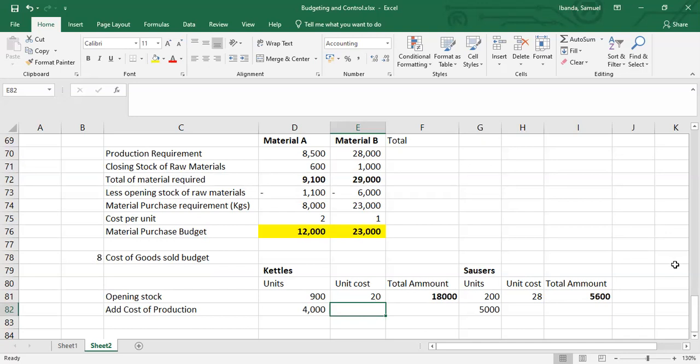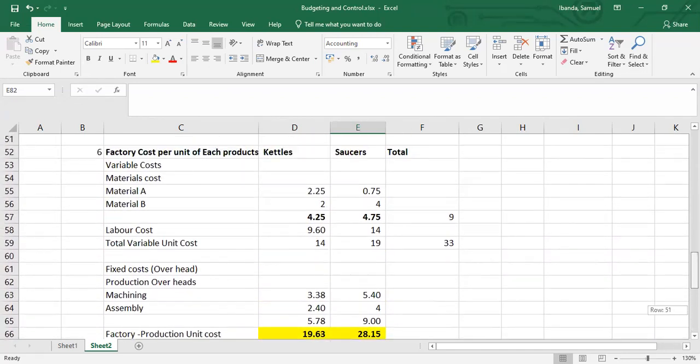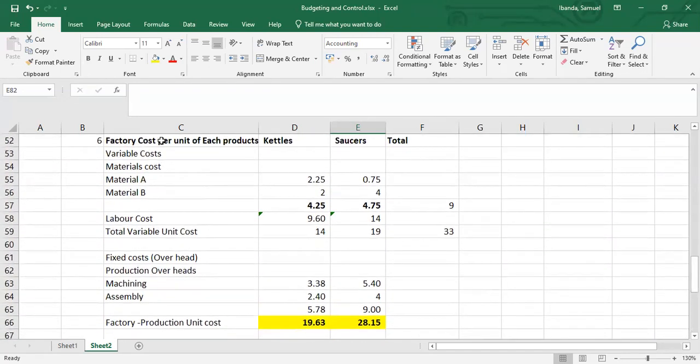Now remember, we just calculated the factory cost per unit for each product. This is where we now utilize whatever we got. This is what we are going to use, the 19.63 and the 28.15.